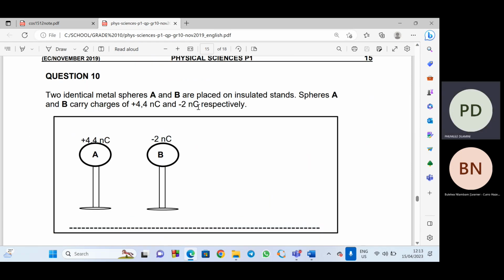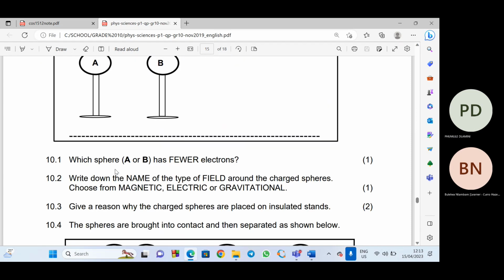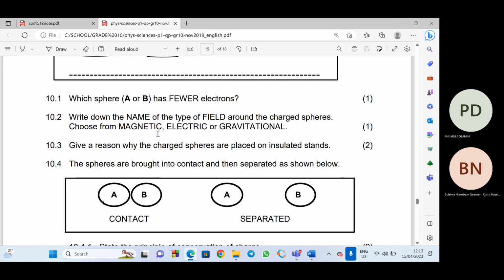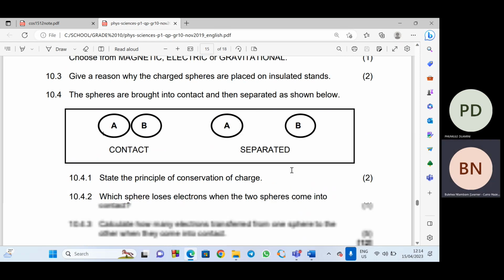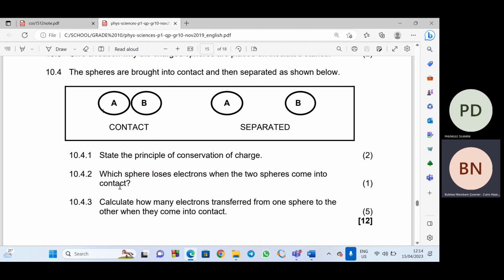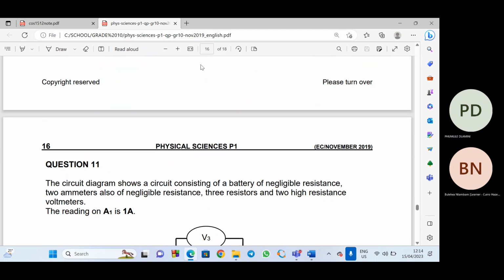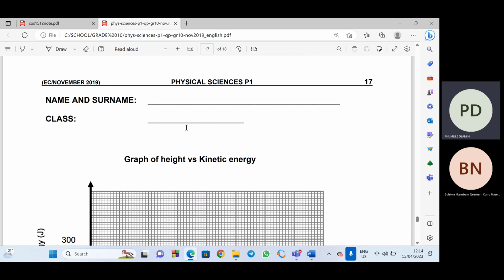Quadrilateral metal spheres A and B are placed on insulated stands, charged with K. I think this chapter is also based on what you are doing, more of the same questions.